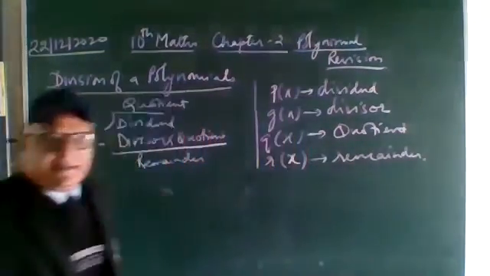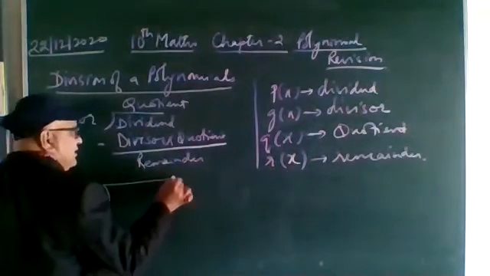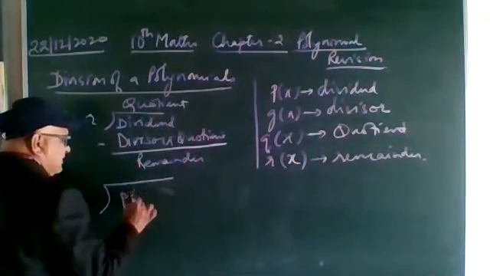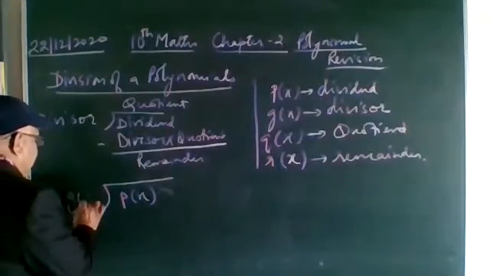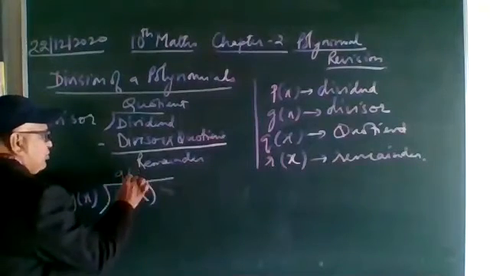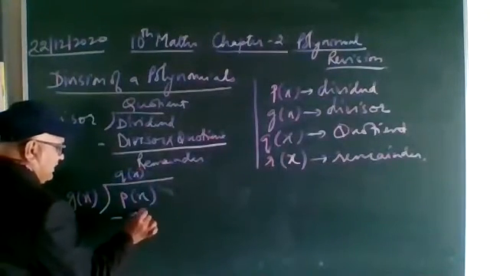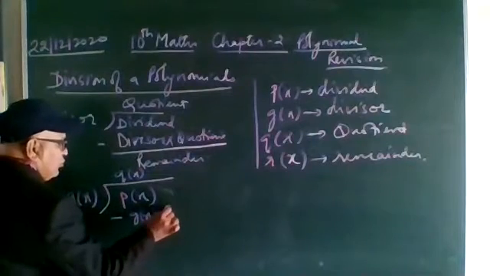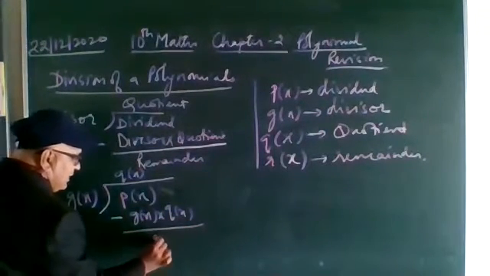When you are dividing, I write P(x) here and G(x) as the divisor, and the quotient comes Q(x). Again here G(x) into Q(x), and the remainder you will get is R(x).